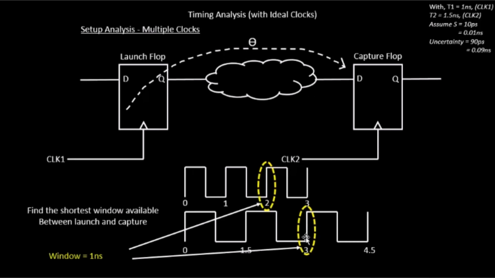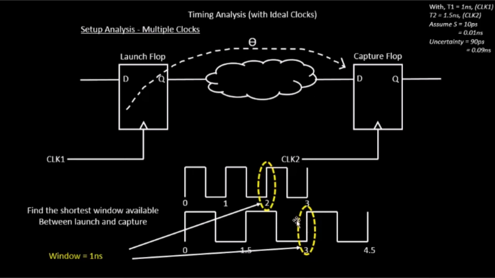And now the window is even less, it's 1 nanosecond. So we started with the 1.5 nanosecond window, which was this and this. Next we found a 0.5 nanosecond window, which is this and this, and the final one we found was a 1 nanosecond window, which is between this and this.